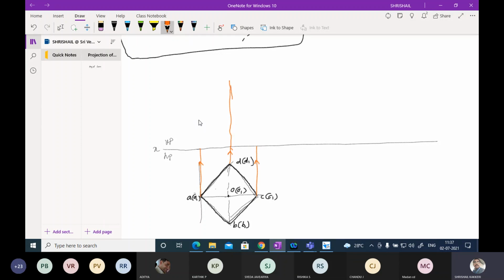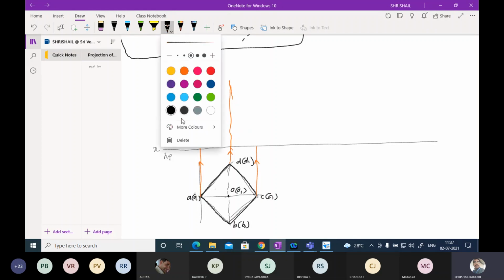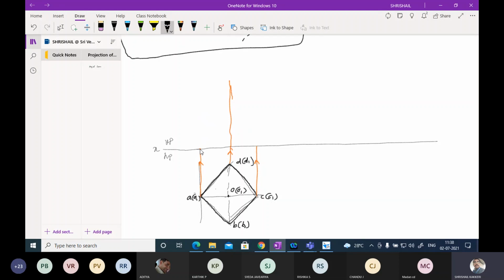Now you take a thick line, and by taking a thick line, draw this vertical line. That will be equal to 65 mm. I have completed this.